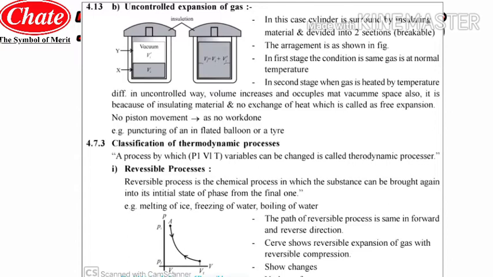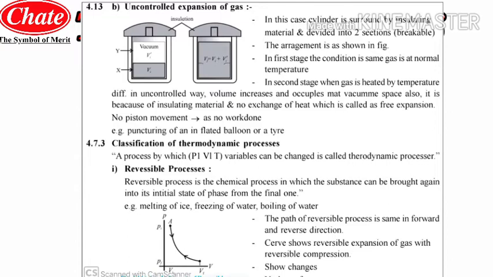The title itself suggests there will be an expansion of something; from the start of this chapter we are considering gas. So there will be an expansion of gas which is uncontrolled, meaning there will not be any control over this expansion. This is the part that we have to learn here.